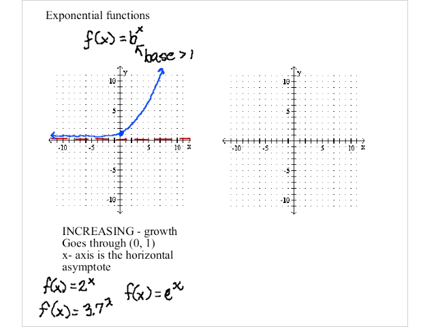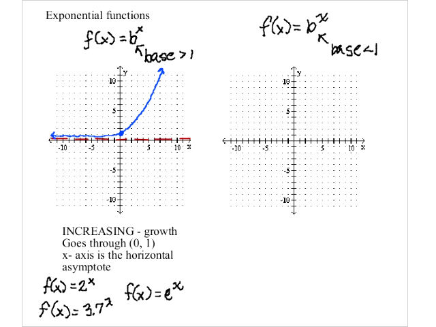Now, on the other hand, if you have f of x is b to the x, and the base is between 0 and 1. Usually we just say base is less than 1. Everything else is the same, except for that it is decreasing, so it's a decay function.